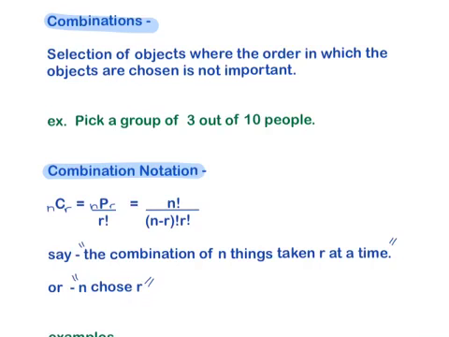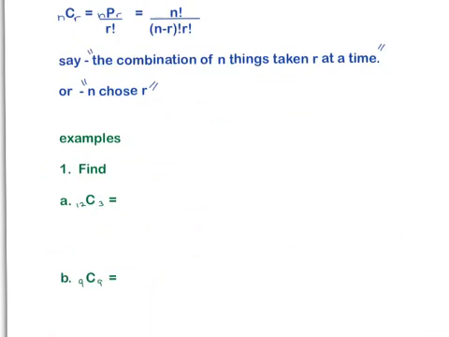Okay, so I have n factorial over n minus r factorial times r factorial. And when we're reading this, we'll say the combination of n things taken r at a time, or n choose r is an easier way to say combinations. Okay, let's do a couple examples here, and I'm going to actually do a couple of these without a calculator first, and then we can use the calculator to show our answer.